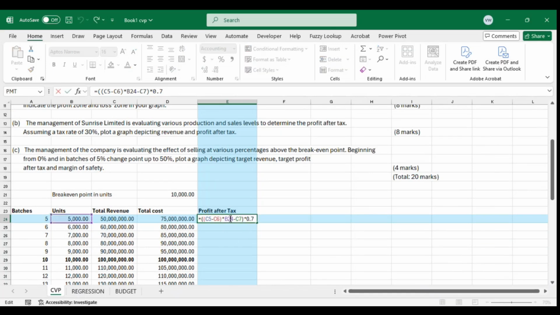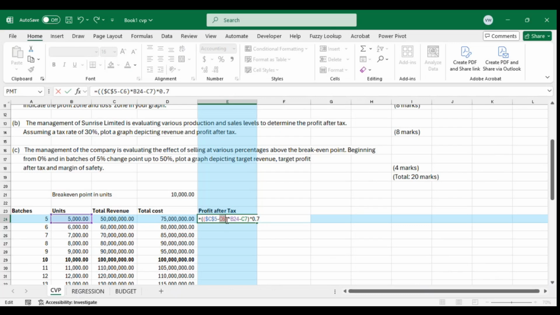But remember that I want to run this through relative referencing, and you must never forget that. Which means that I need everything to be an absolute reference other than the number of units. And the number of units in this case is in cell B24. So I need all the cells to be absolute references other than B24. I'll highlight the range and press F4.